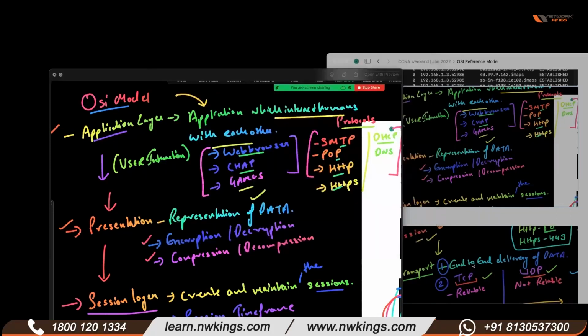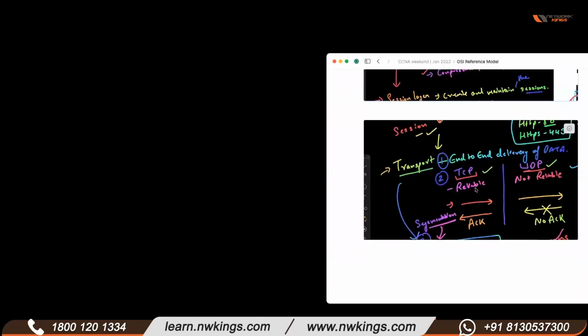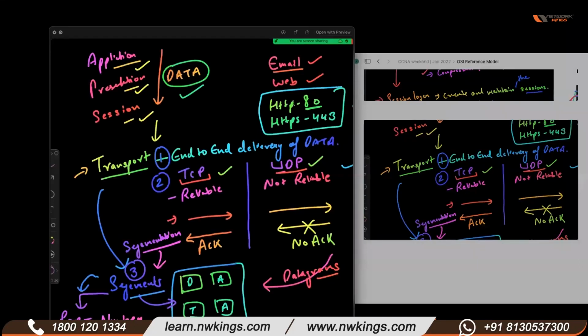When the transport layer sends data, some protocols need reliability, and some protocols do not need reliability. They just need a little more speed. We'll discuss TCP and UDP in detail. Till now, the transport layer provides end-to-end delivery of data.